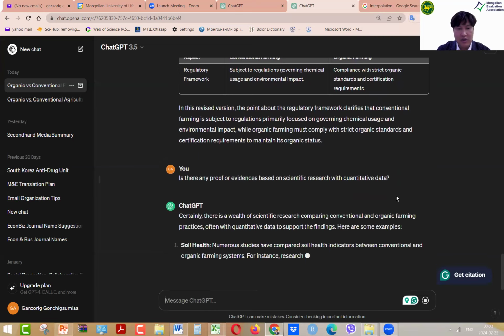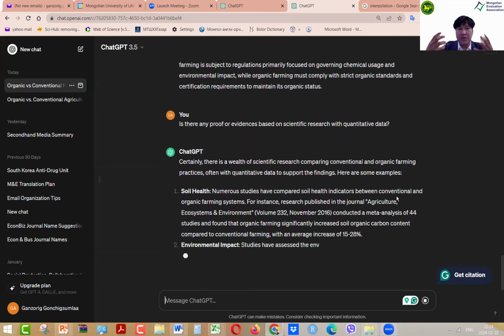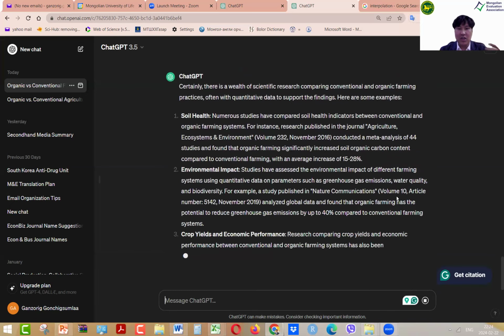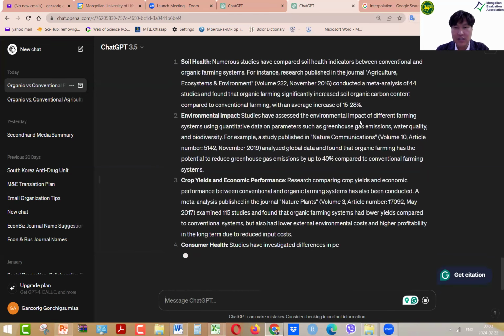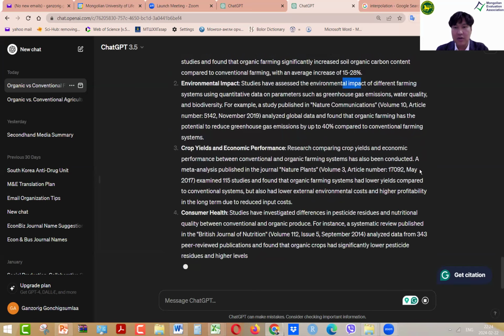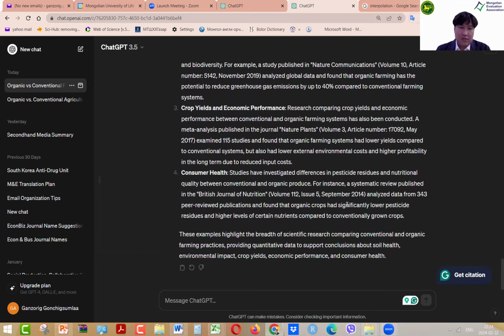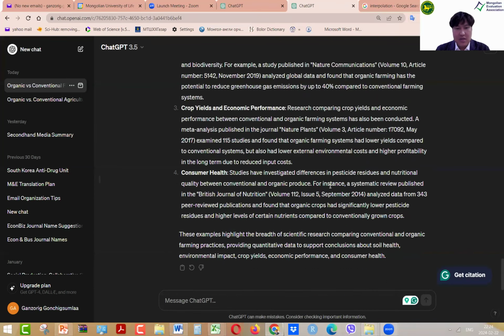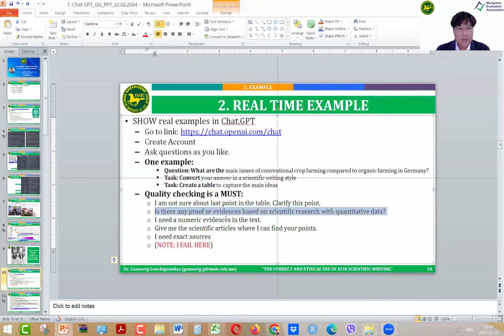Certainly, because ChatGPT can do whatever you ask, but the only thing is checking the quality. You can see that it provides some numerical evidence, but I'm not sure. Is it really true or not? It has to be checked again.